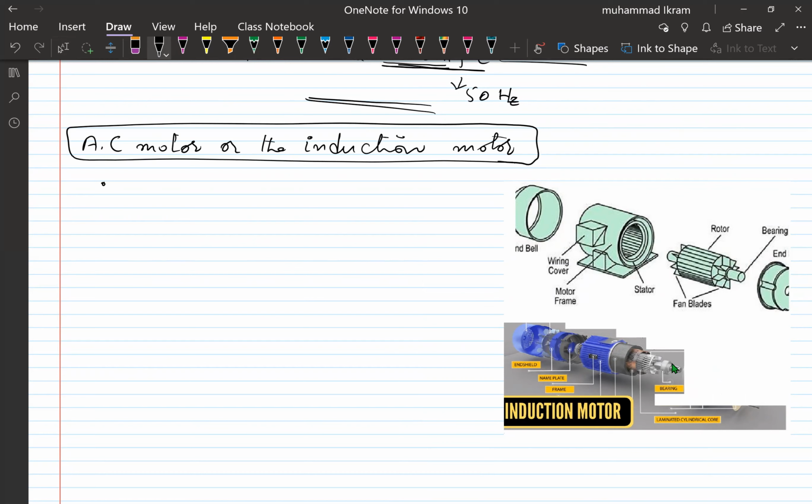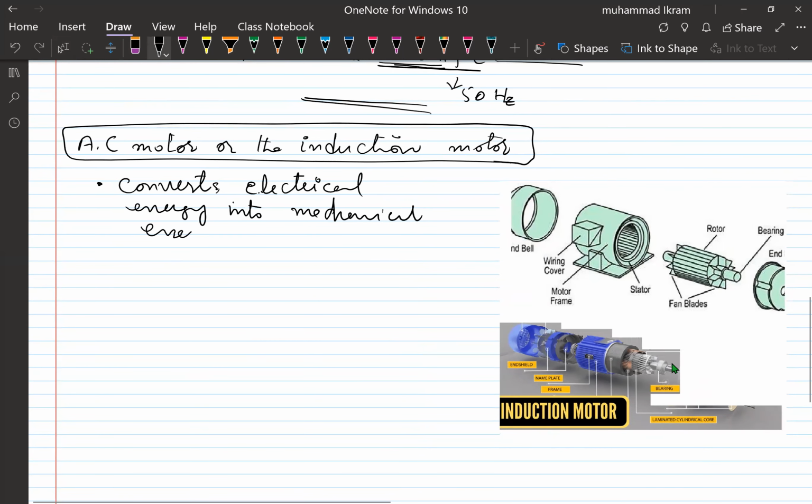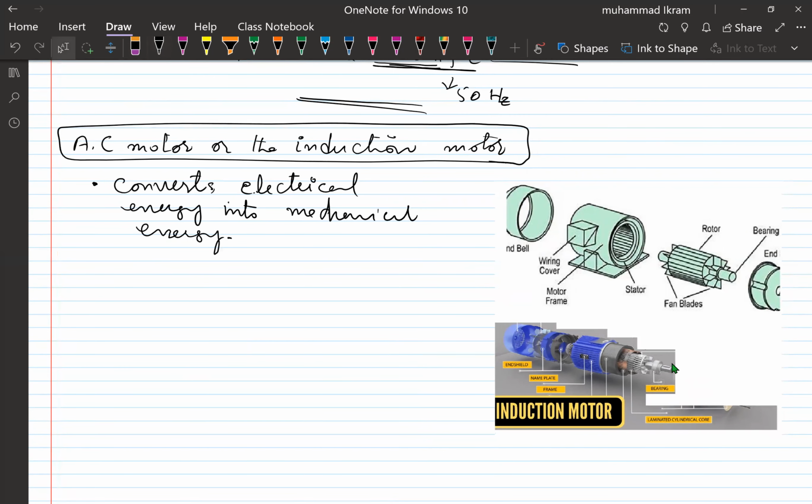Both have one thing in common: they convert electrical energy. Just like a DC motor, the induction motor or the AC motor converts electrical energy into mechanical energy.